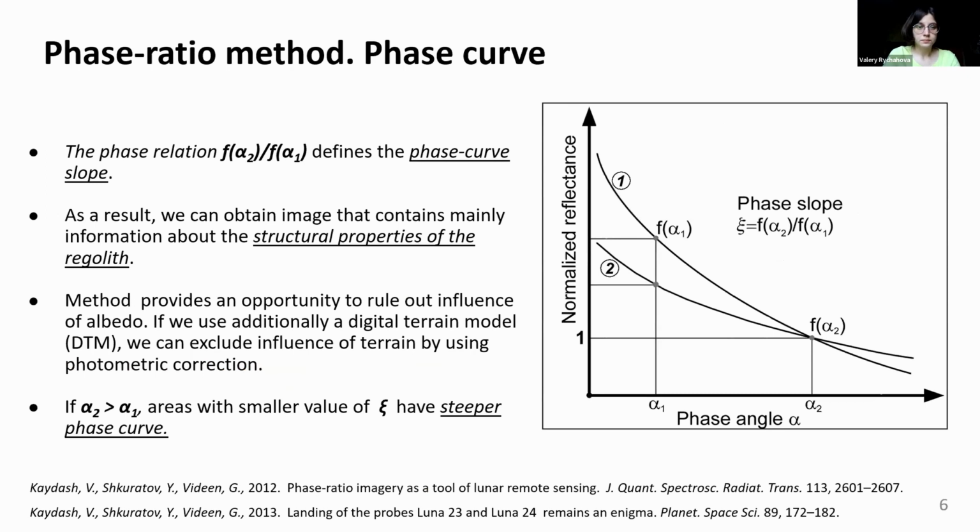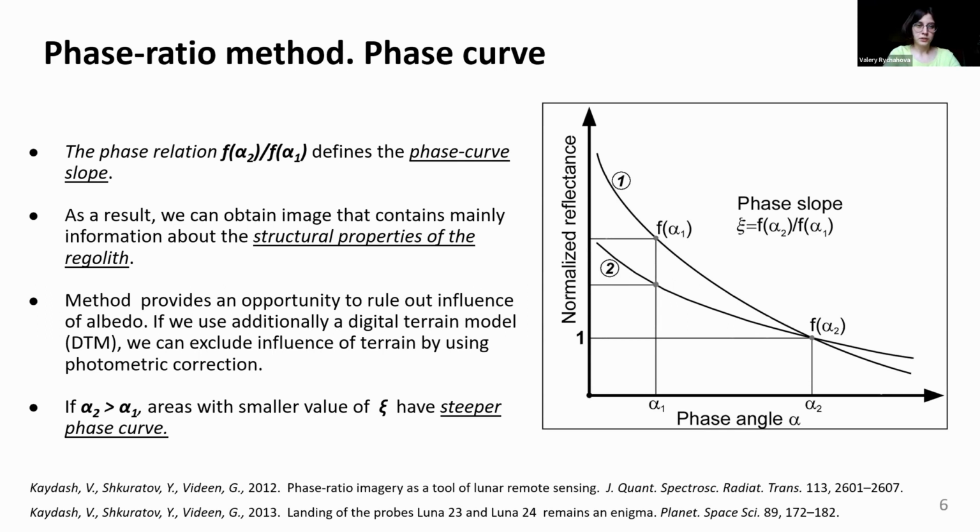Such a map of the slope of the phase curve could tell us information about structural properties, because it strongly depends on such properties. After several steps of correction, we obtain a real map of the phase curve slope without the influence of topography, relief, or, for example, albedo.